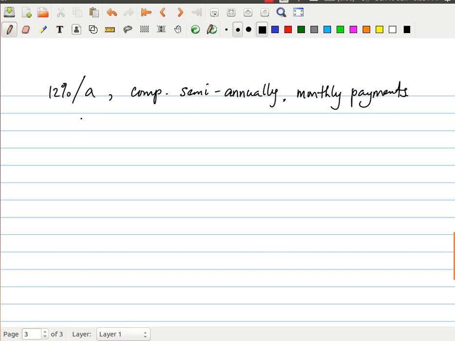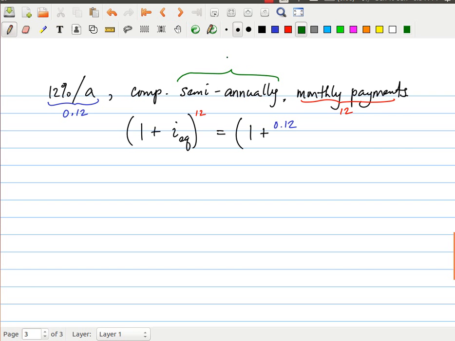And so now if I want to look at my equivalent interest, I can write an equation that 1 plus the equivalent interest raised to the power, monthly payments means 12, and that's where this 12 comes from, equals 1 plus, and now we're going to put in the bank's annual interest, 0.12 per year, but that's actually compounded semi-annually, means 2 calculations per year.